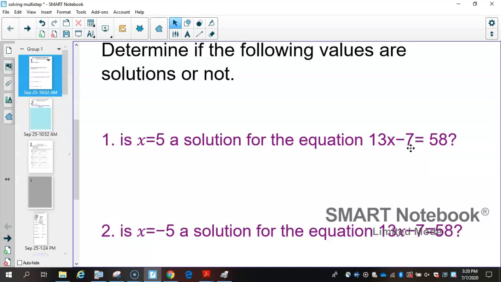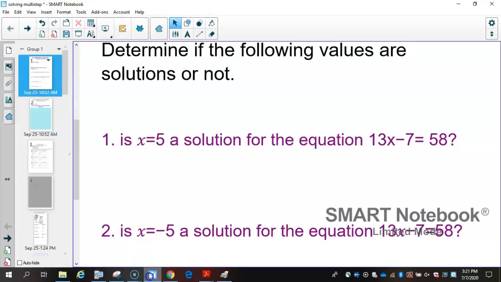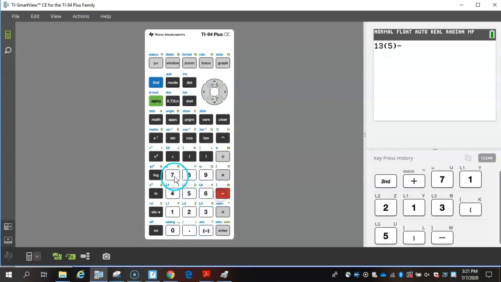I'm going to put 5 in for x, and you can do that by either using your store button or your parentheses. I'm just going to use my parentheses. 13 times 5 minus 7 is supposed to equal 58.